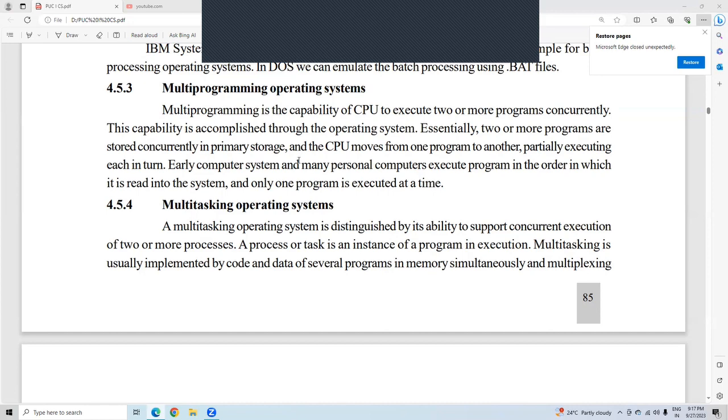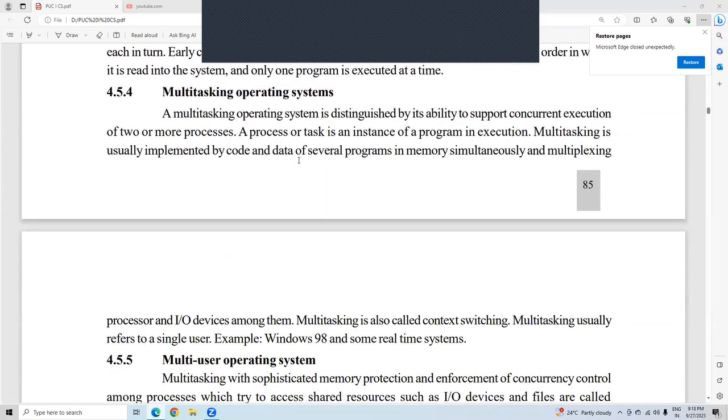Whereas multitasking is performing execution of one or more processes. A process or task is an instance of a program in execution, right? Multitasking is usually implemented by holding code and data of several programs in memory simultaneously and multiplexing processors and I/O devices among them.